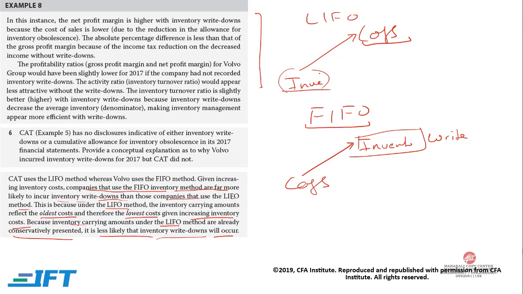But in first in, first out, inventories are very high because they depict the most recent purchases, hence write-down is more prevalent. Now CAT uses the LIFO method, whereas Volvo uses the FIFO method. Given increasing inventory cost, companies that use the first in, first out method are far more likely to incur inventory write-down than those companies that use the LIFO method.